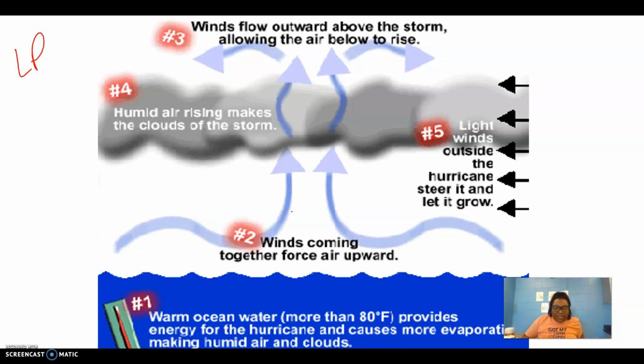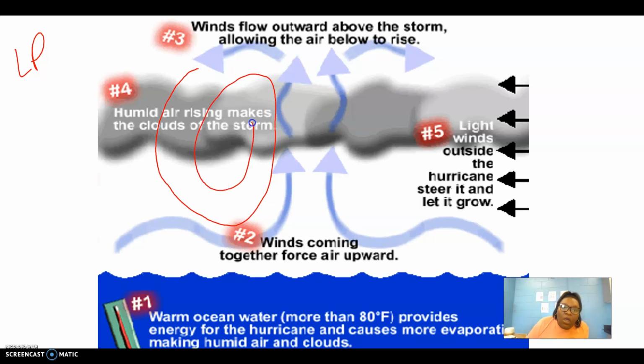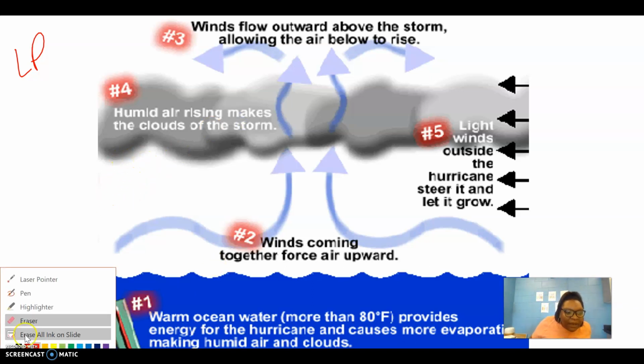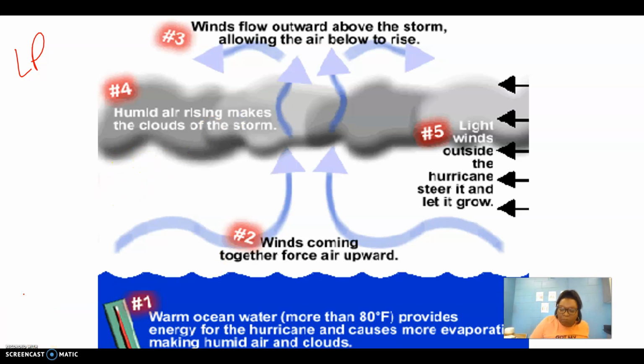So we're going to start to see a circulation here of wind and water. And as we're looking at that circulation, step 4, the humid air. That word humid means moist or wet air.